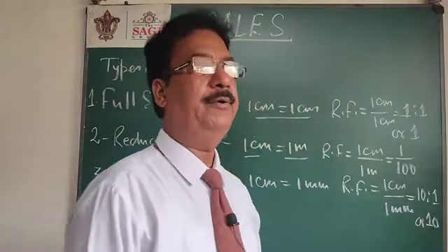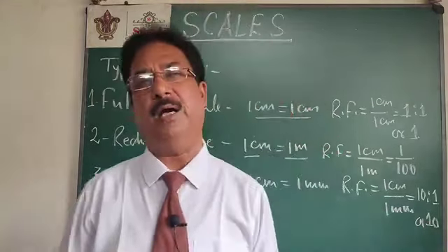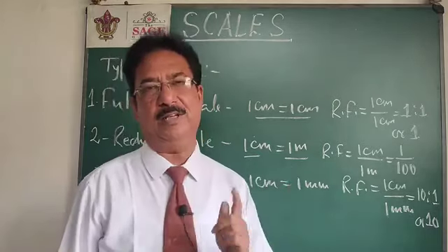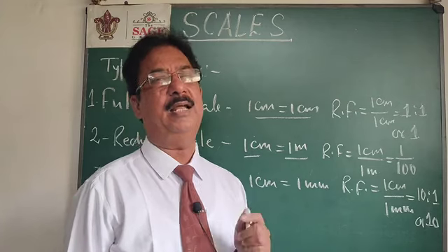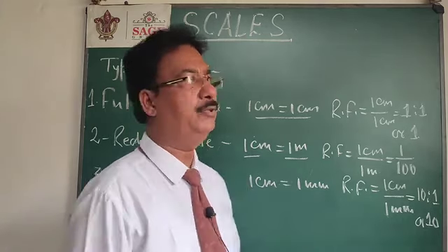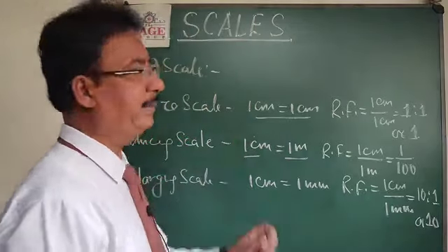So what I got is that for full size scale the RF will always be equal to 1. For reducing scale the RF will always be less than 1, and for enlarging scale the RF will always be greater than 1. So according to representative fraction, our 3 scales will be like this.